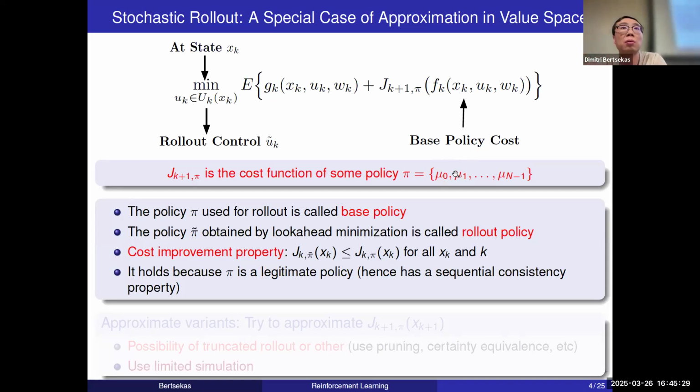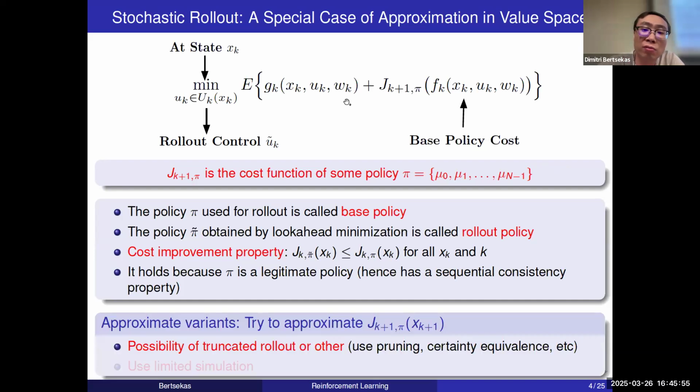So it's consistent by its definition. And every μ_0, μ_1 is a function that maps x to a control that is feasible. Therefore, it already has the sequential consistency property, and so we don't need to impose any additional conditions.